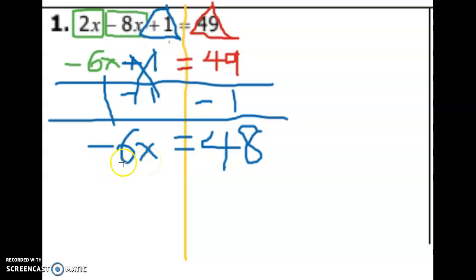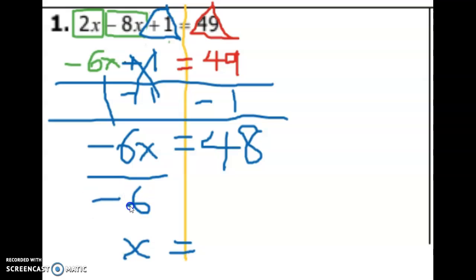Entonces, para quitar el número del variable y tener el variable solito como que yo quiero tener, porque voy a resolver por x, lo que voy a hacer es I'm going to go -6.